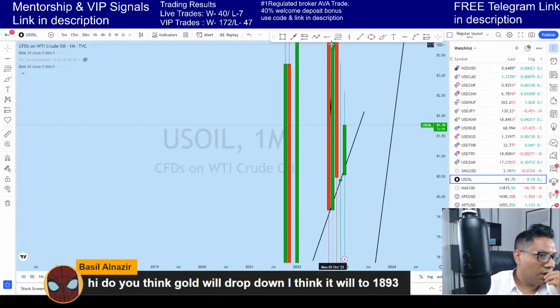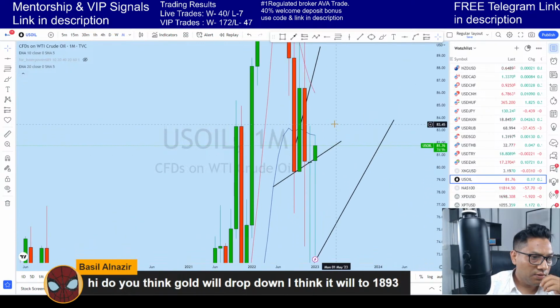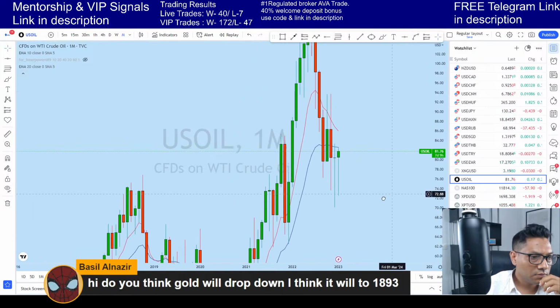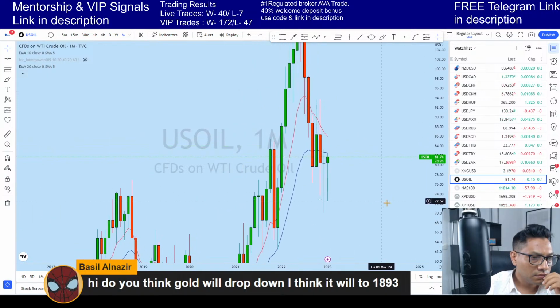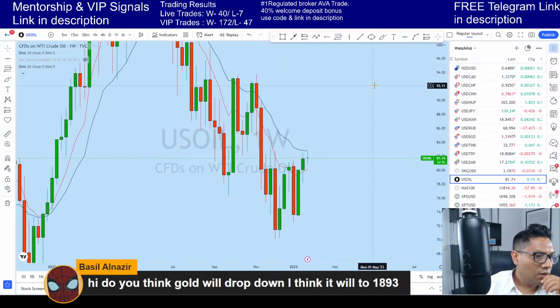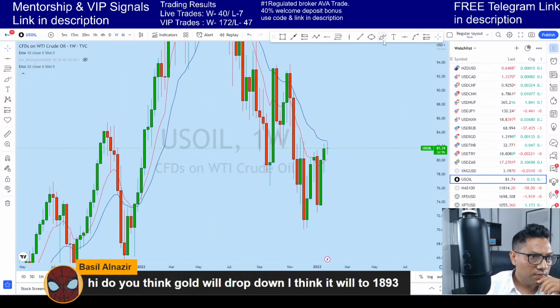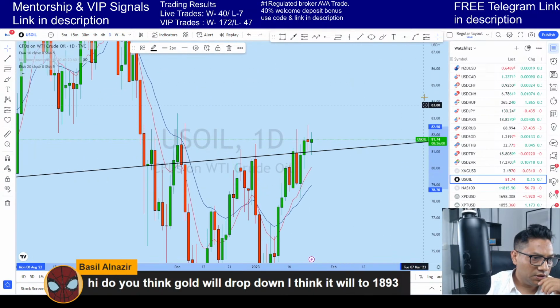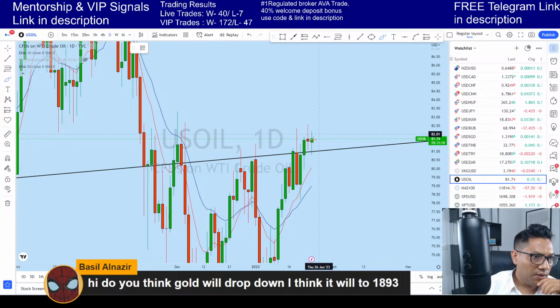And if I look at first of all the monthly on US oil, looking at weekly, looking at daily, we see the price has broken the previous daily low, grabbed liquidity and then rejected to the upside on USL from the daily.